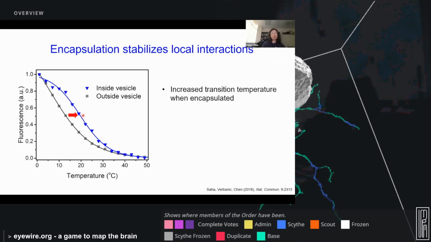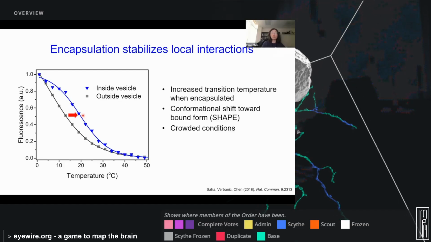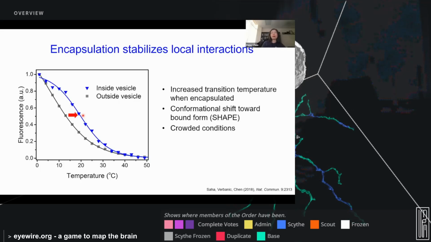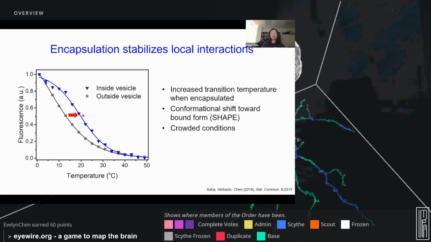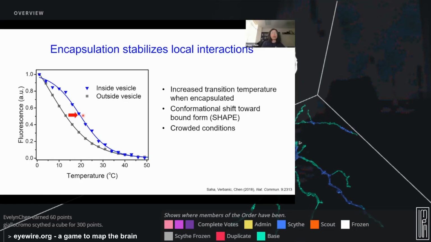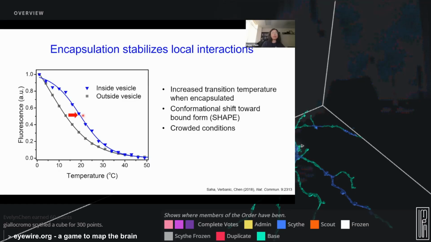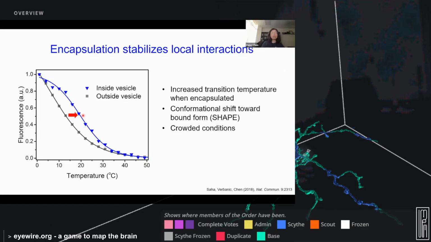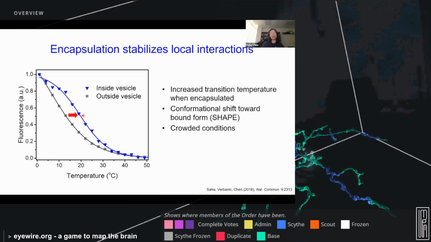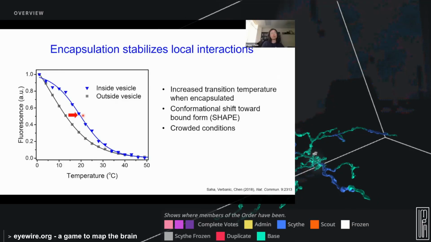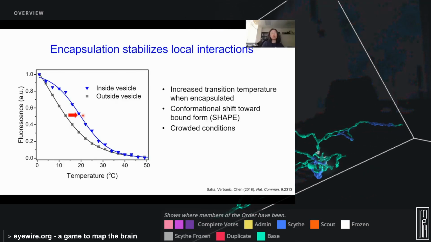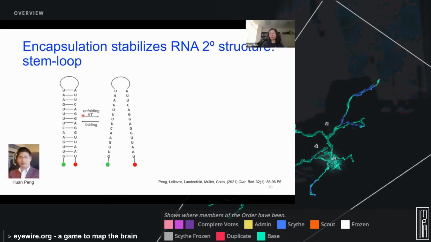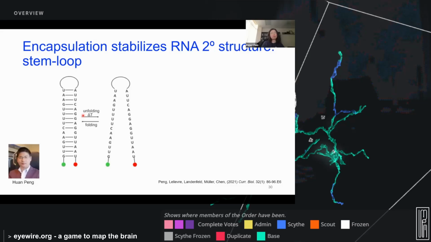We also looked at conformations using SHAPE, and we also looked at crowded conditions. What we were seeing is that as you encapsulate the aptamers, you get a shift of the conformation toward the more folded state. And this was also borne out in a couple of other types of structures.